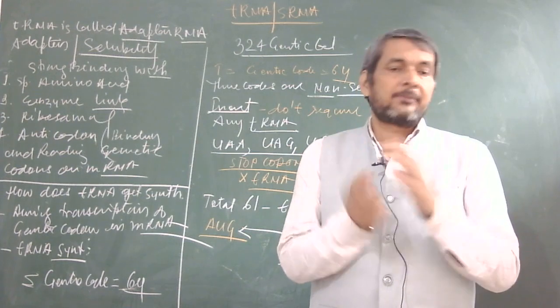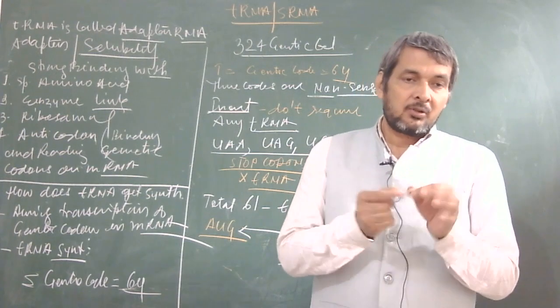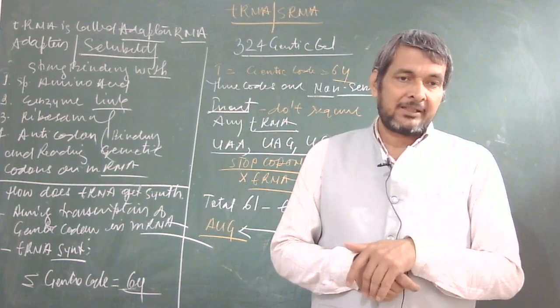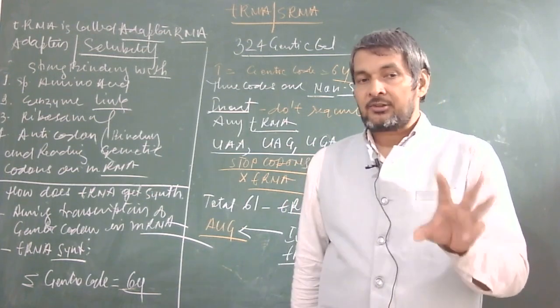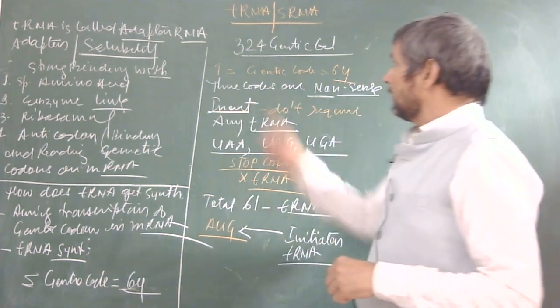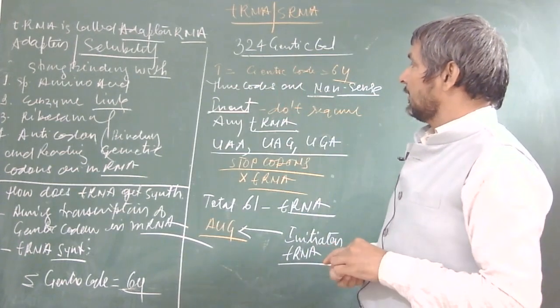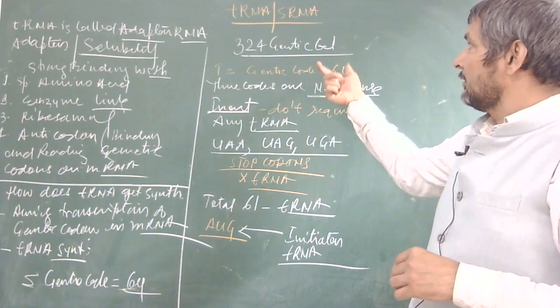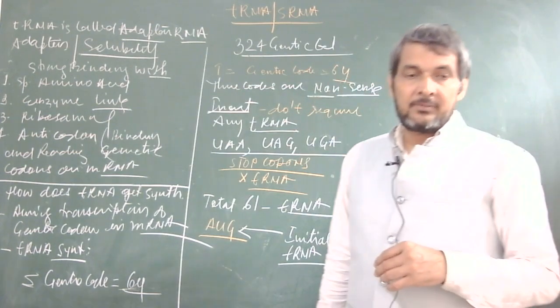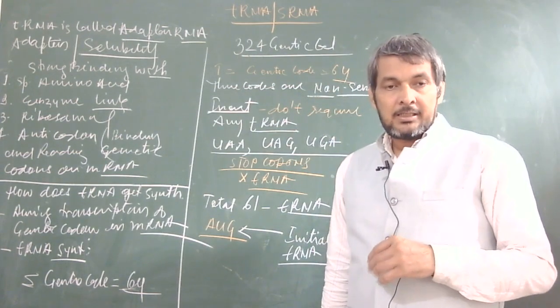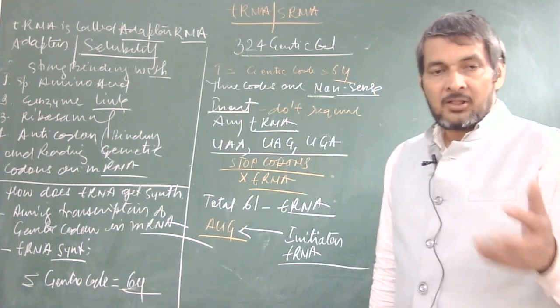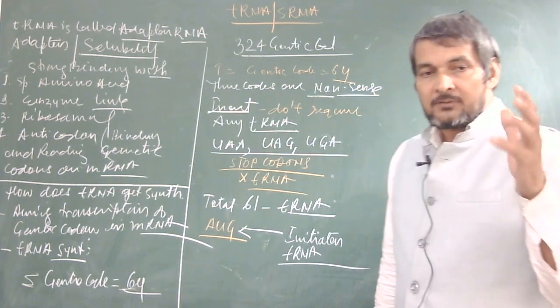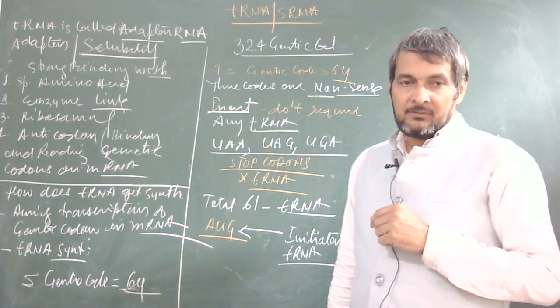So 61 types of transfer RNA are found in both prokaryote and eukaryote, and 3 are stop codons. I give you an example. Suppose on a DNA template during transcription, 324 genetic codes are transcribed in the form of mRNA. In the mRNA, what will be the possibility of transfer RNA?